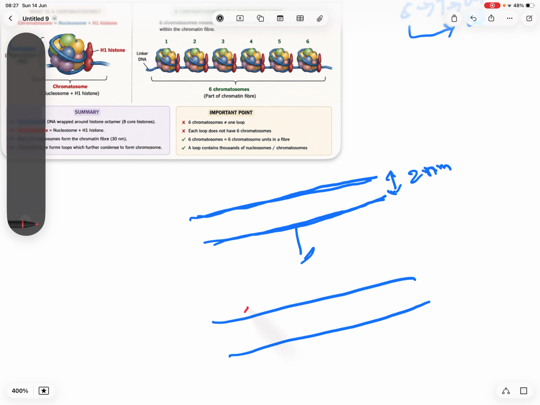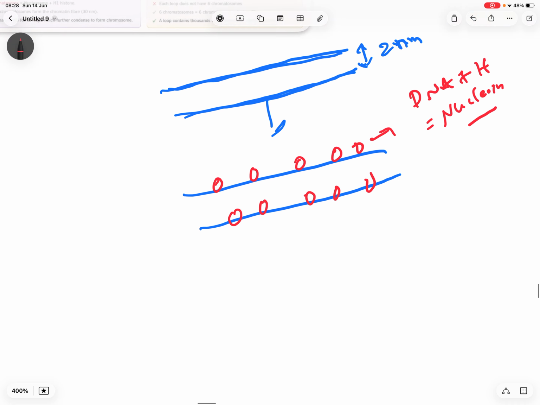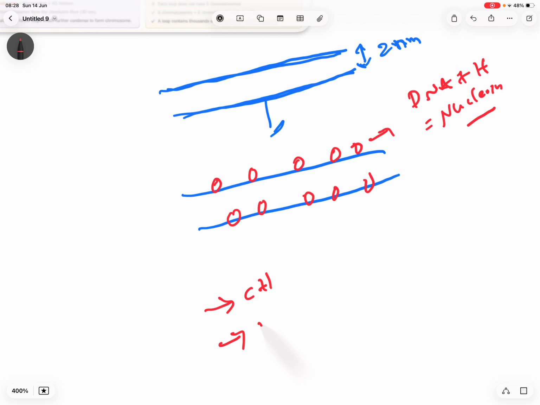The histone proteins bind with these strings, and when they bind, we call it a nucleosome. So DNA together with these histone proteins is a nucleosome structure. The histone proteins are again of two types: core histone proteins and linker histone proteins.